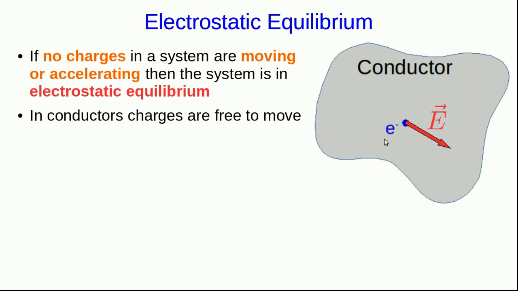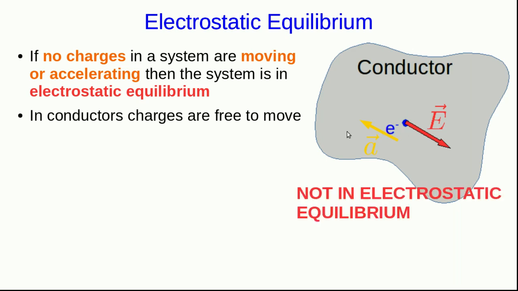Well, what will happen to this electron? It's free to move, and it's at a location where there's a non-zero electric field. And electric fields cause charges to accelerate. Because the electron is negatively charged, it's going to accelerate in the opposite direction to the electric field. However, notice it's now accelerating.